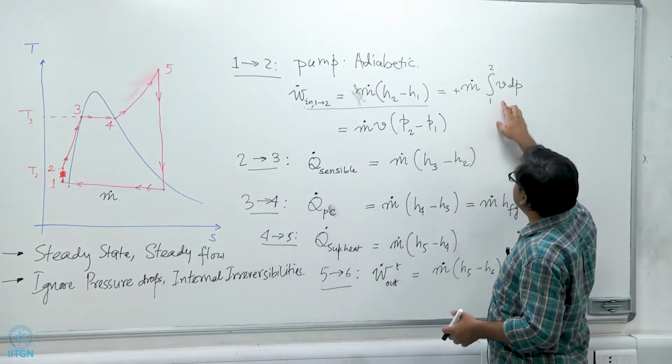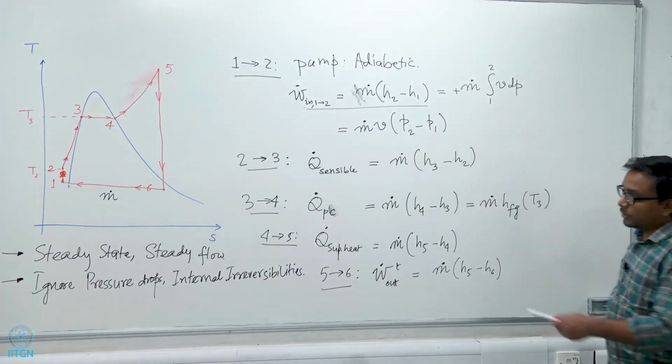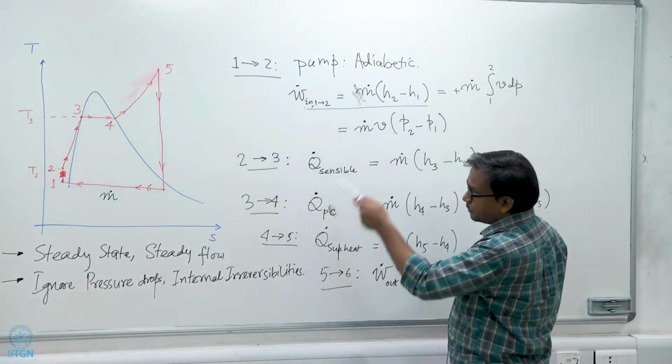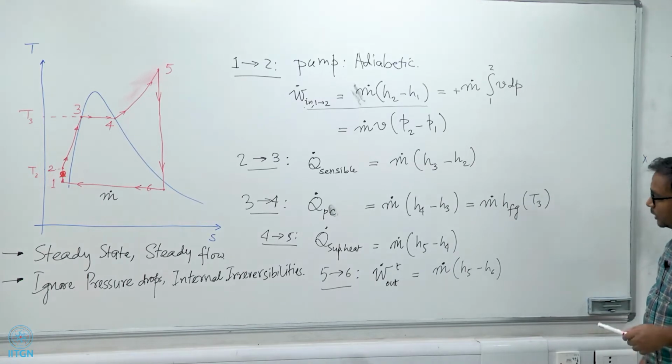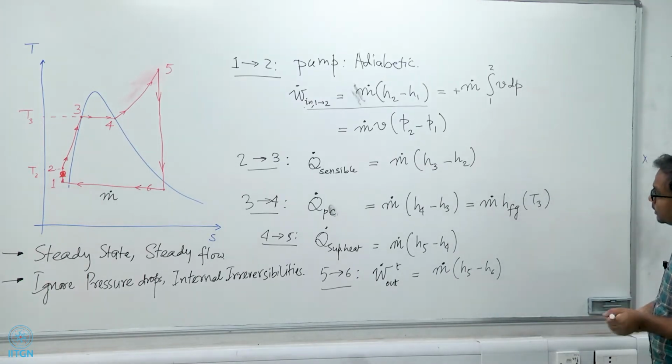So, it is not easy to evaluate this integral for the process 5 to 6. It is just better to use the relation H 5 minus H 6.